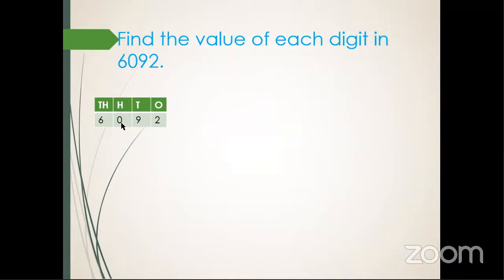Evelyn, your hand is already up. Can you tell us the value of 0? How do we get the value of 0? 0 times 100. And what could be the answer? Priska, can you tell us? 0 times 100, we get 0.